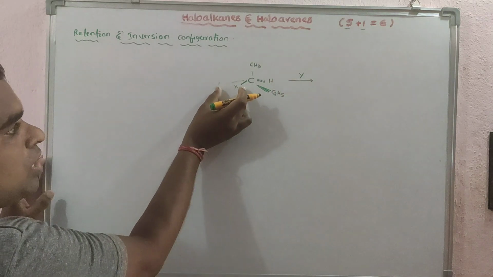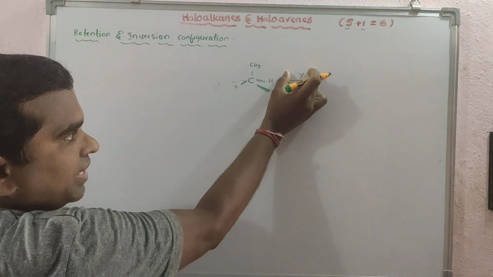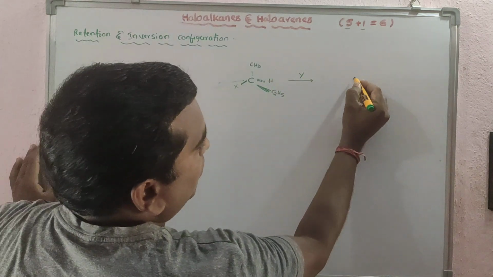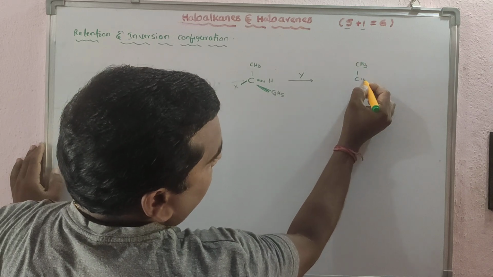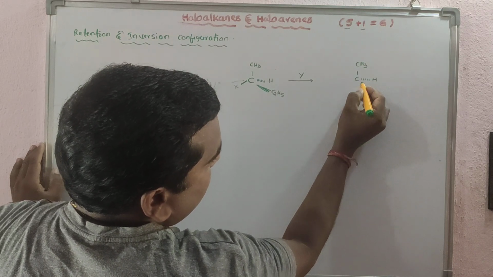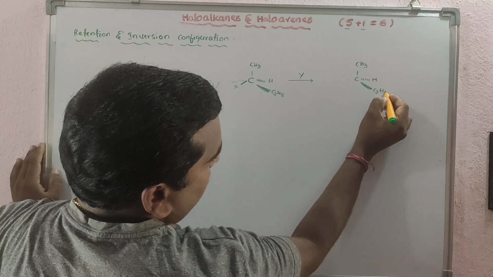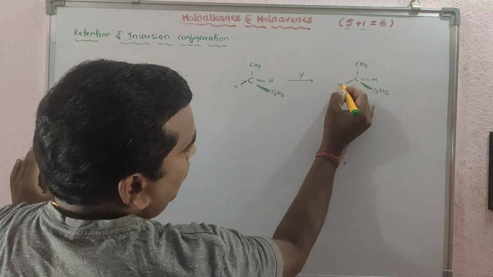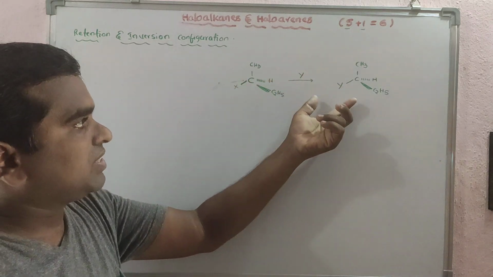If the position of the X is exactly occupied by the Y, then what compound will you get? You will get the compound CH3, H, C2H5 and here Y. The position of X is exactly occupied by the Y.